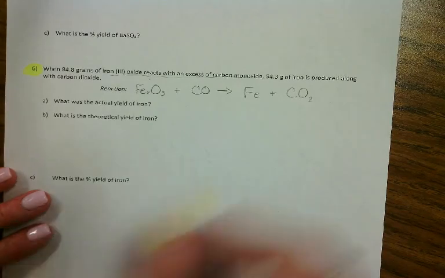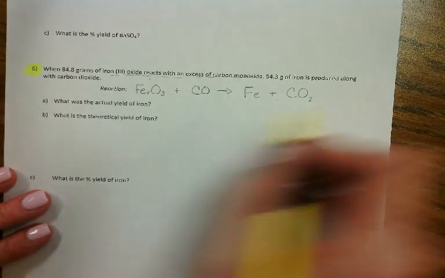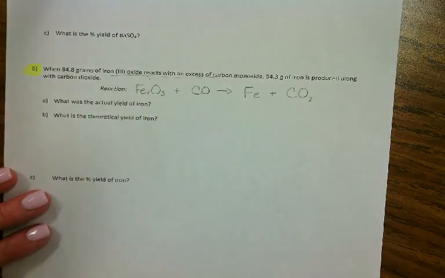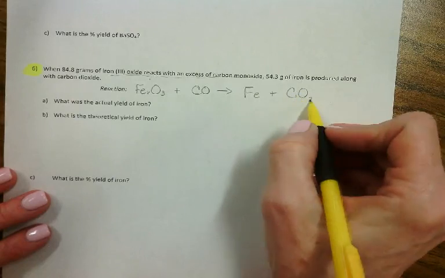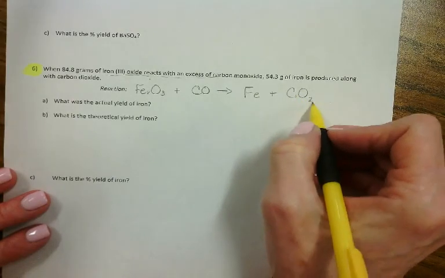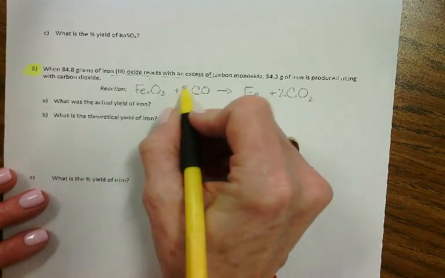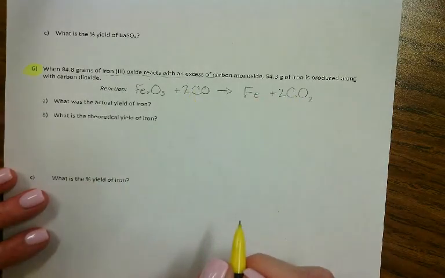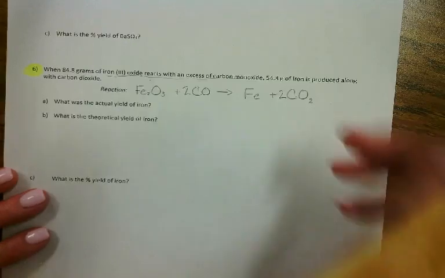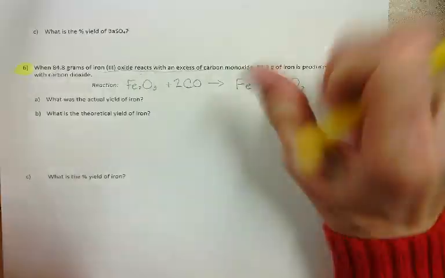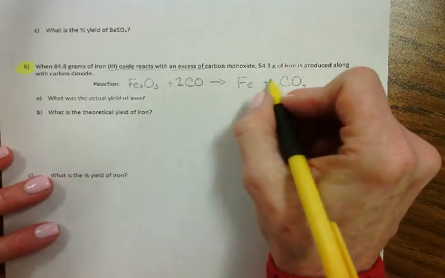Okay, so now I need to balance my equation. Looks like 4 oxygens, 1 carbon, 2 irons. 1 carbon. Okay, I need 4 oxygens. So let's see. Let's try that. And that's not going to work, but that's okay. We'll figure it out. So let's try giving me 3 oxygens.